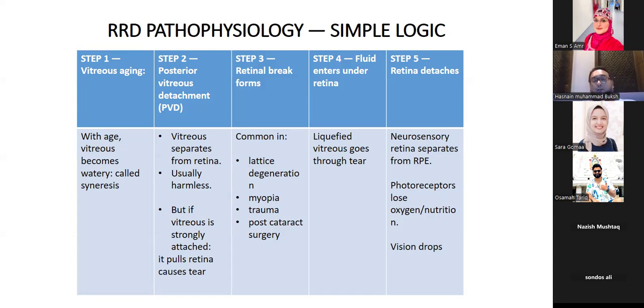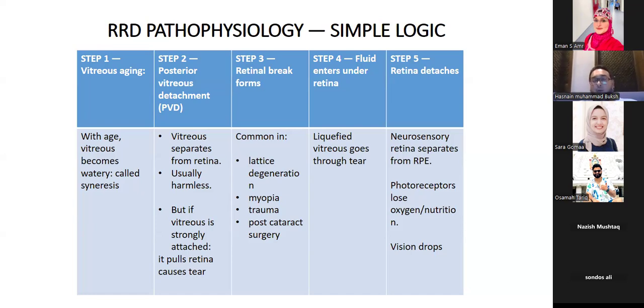Once the vitreous becomes fluid or syneretic, it starts detaching itself from particular points on the retina. Still, there are very strong adhesions between the vitreous and the retina from where it doesn't detach. As a result, more powerful attraction is required to detach the vitreous from that particular point.